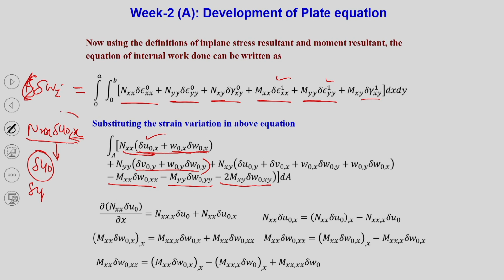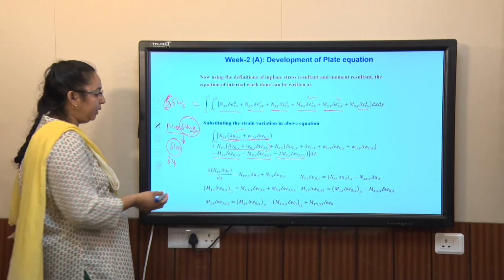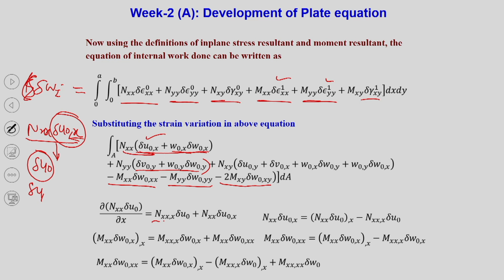So, we have to get rid of this. The basic step is you put the derivative. So, Nxx del u naught comma x, this term can be written as Nxx del u naught whole derivative comma x minus Nxx comma x del u naught.